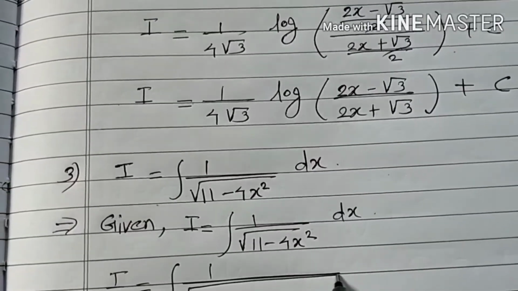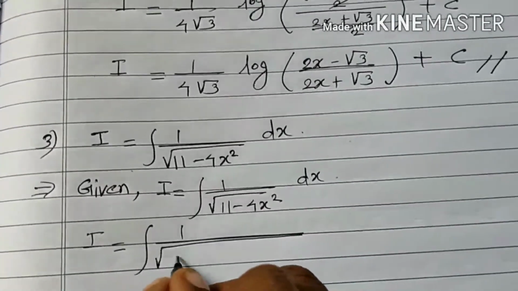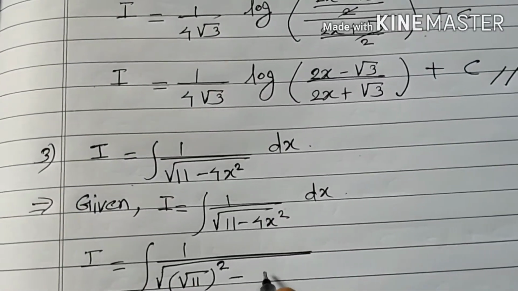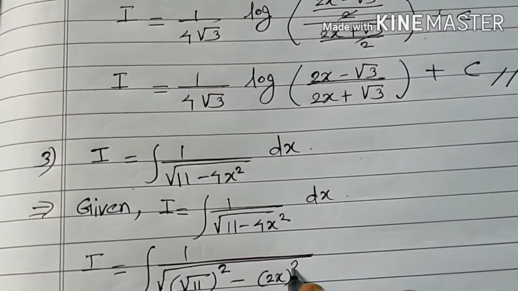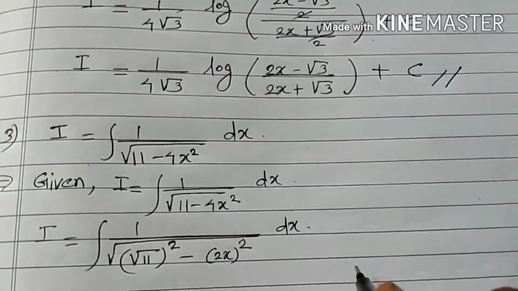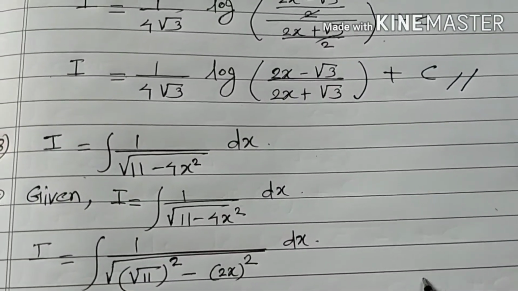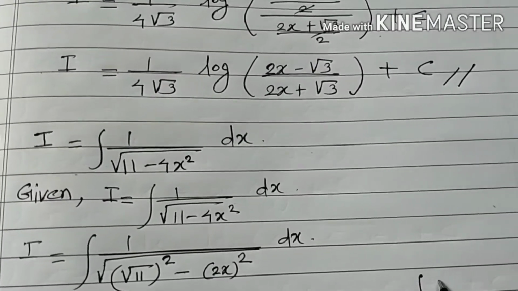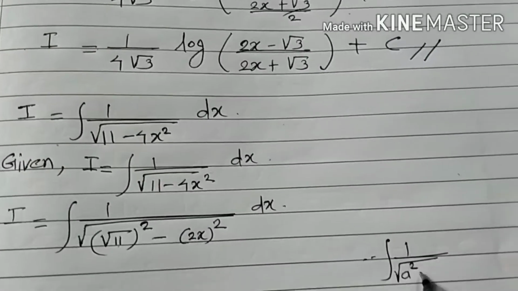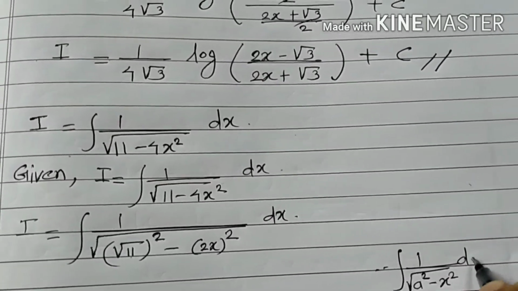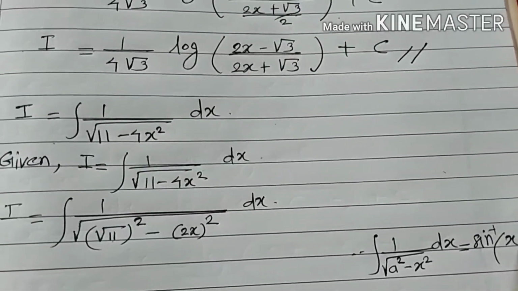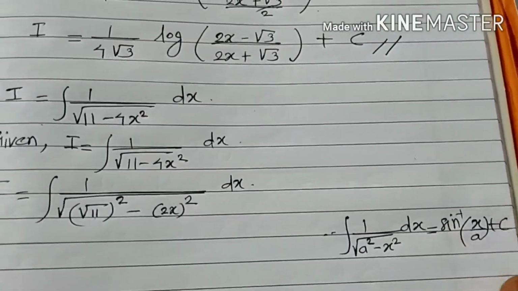So 11 is a square of under root of 11 and here 2x square dx. Now simply use the formula. What is that formula? Integration of 1 upon under root of a square minus x square dx, where a is the constant, is equal to sine inverse x upon a plus c.